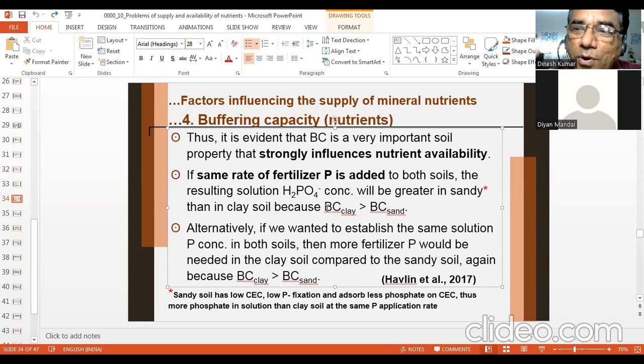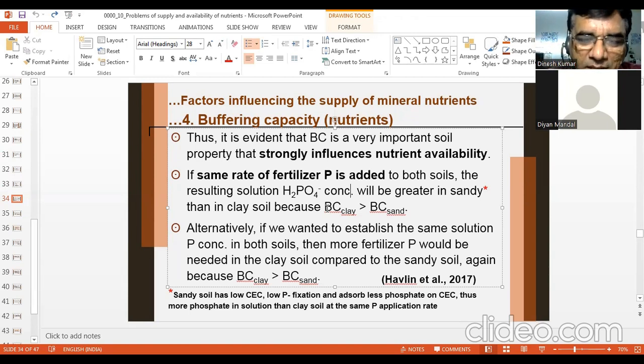Sand cannot hold as much of this phosphate as exchangeable phosphate, because its anion exchange capacity is low compared to clay soil. Therefore, most of the phosphorus will be in the solution.